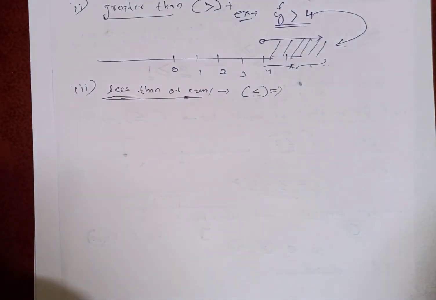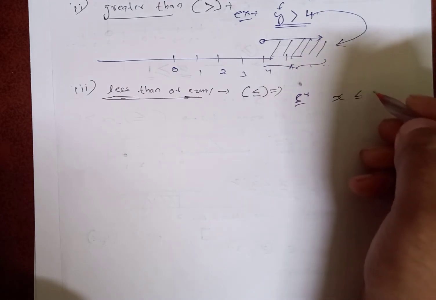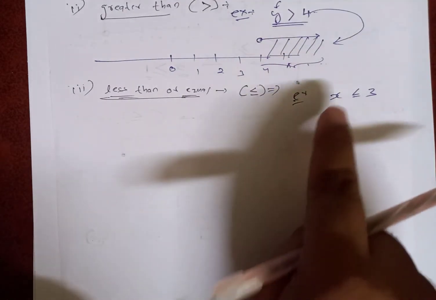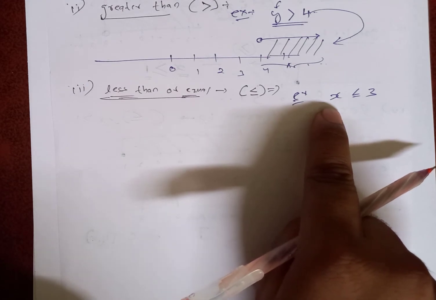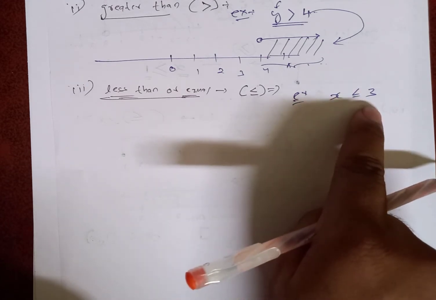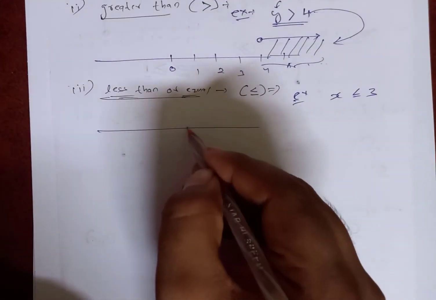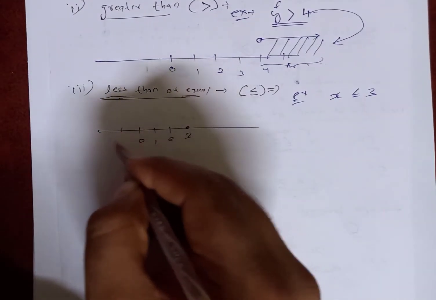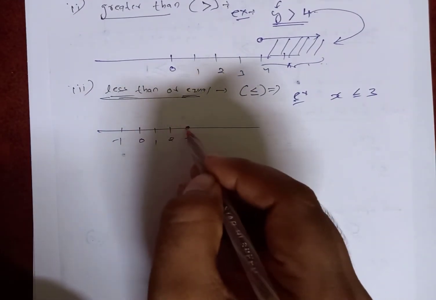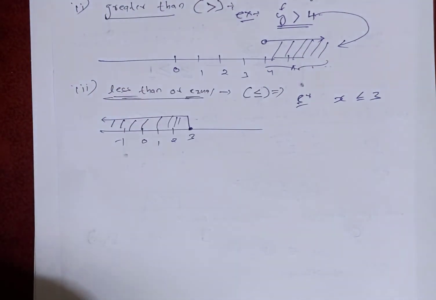For example, some variable x less than or equal to 3. This implies that the values of x will always be less than 3. It can also be equal to 3. On the number line, we can explain that x values will always be less than 3 or equal to 3. So this inequality implies this. I hope you understand this.